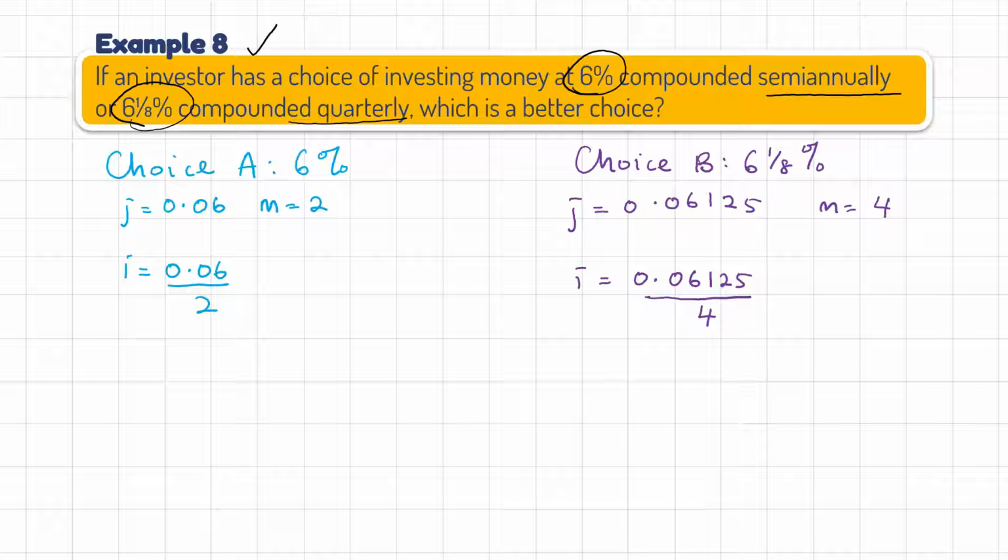Which one will give you the better choice? Since this question is about investment, we need to find the higher effective interest rate. So the higher effective interest rate is the best choice to make. So I will leave it to you to do the rest. Okay?